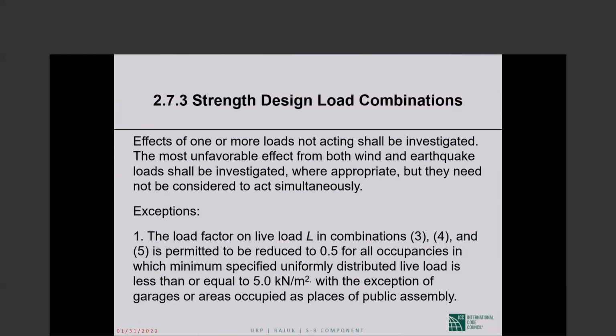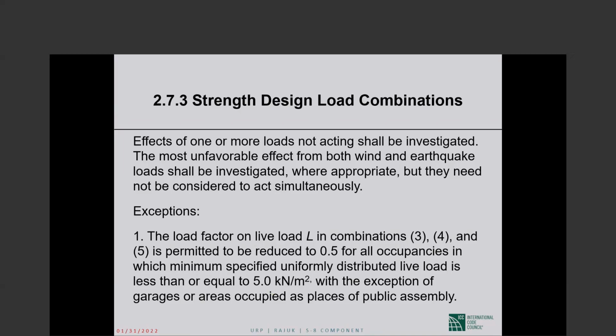That 1.0 factor on live load can be taken equal to 0.5 unless we are designing a parking structure, a place of public assembly, or an area supporting more than 100 pounds per square foot of live load. Okay? That's 5 kilonewtons per square meter.